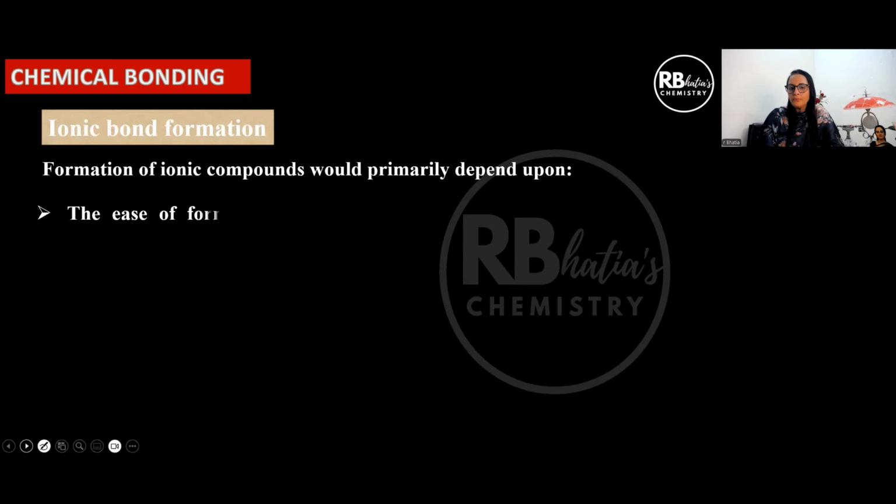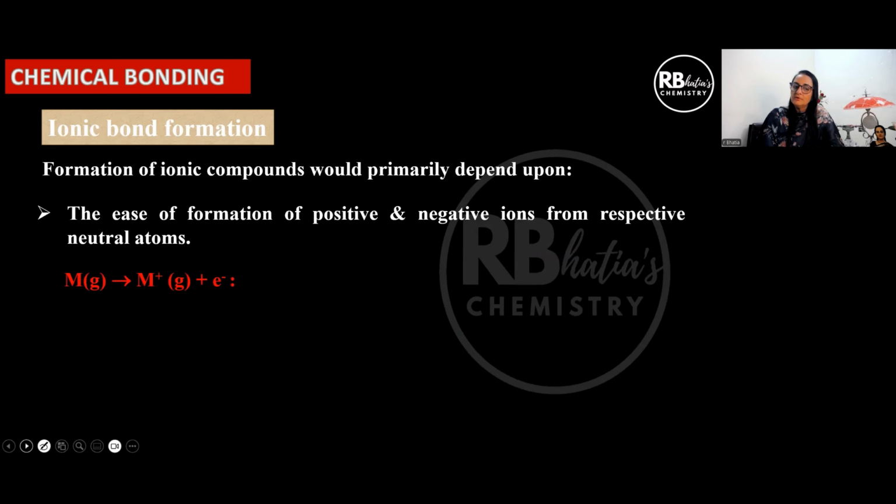So ionic bond formation primarily depends on what factors? This is another important question for your school exam. What are the factors that lead to formation of an ionic bond? Formation of ionic bonds primarily depends upon how easily a positive ion can be formed and how easily a negative ion can be formed, right?